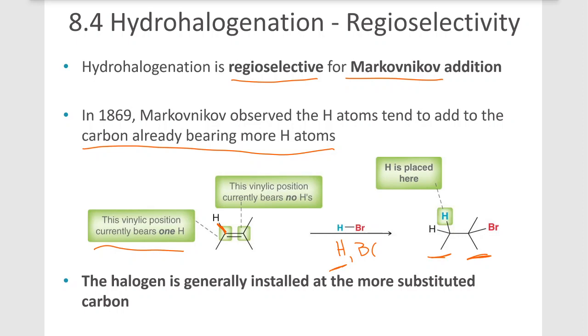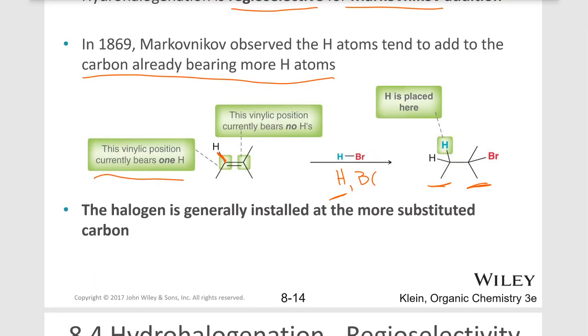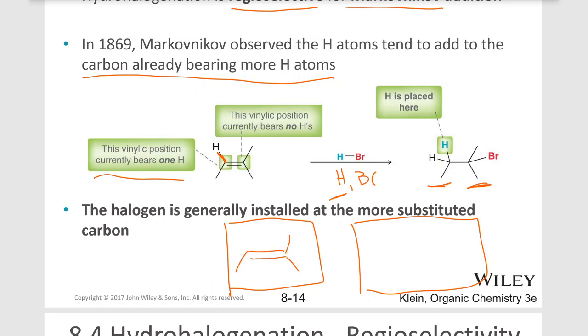Now, it would be a good idea for you to make a flashcard with all of these reactions, and you should go back and do that if you haven't yet, for your SN1, SN2, E1, and E2 reactions. And so on the front, you're going to put like this alkene here. Okay, so this is going to be your front, and you're going to say, oh, I didn't draw that very well.